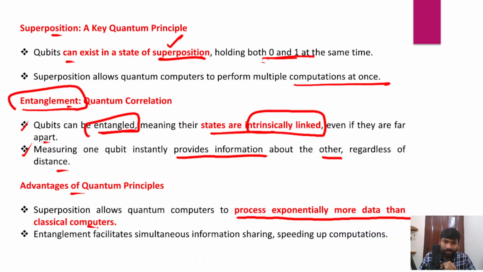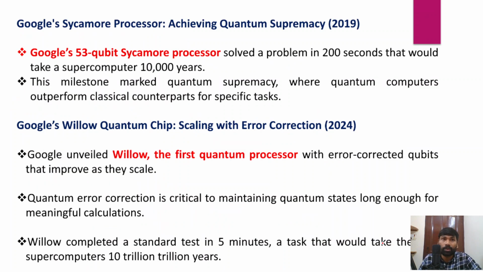In fact, the traditional classical computers or the supercomputers that we have cannot process an exponentially high amount of data, but quantum computers, using superposition, can process a complex and huge amount of data in a very short time. And in fact, entanglement facilitates simultaneous information sharing and speeds up computations as well. So these are the advantages of quantum computing.